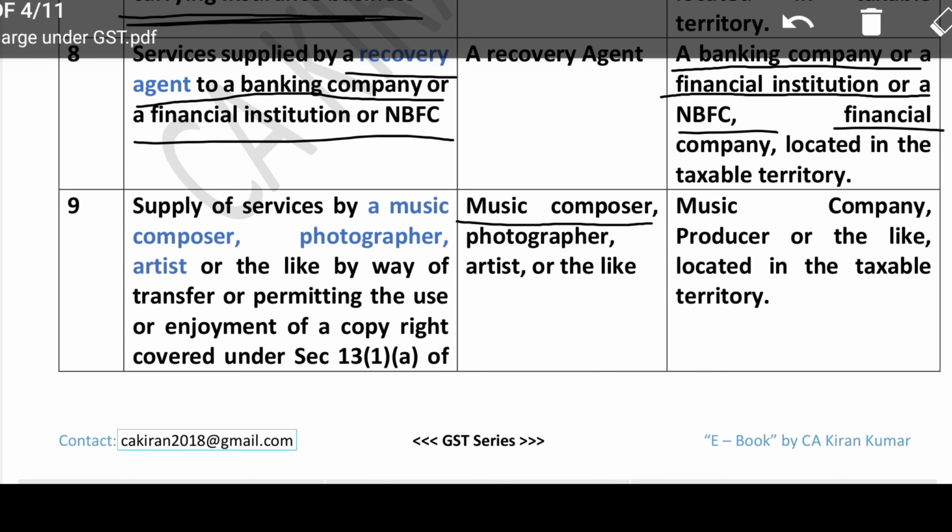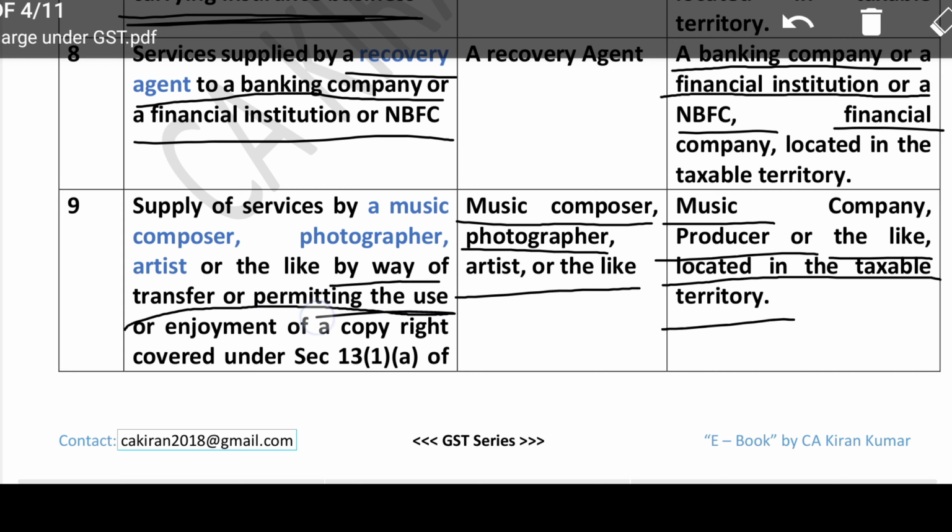And in case of a music composer, photographer, artist providing these services to a music company or producer or the like located in taxable territory by way of transfer of permitting the use or enjoyment of copyright covered under section 13(1)(a), then this music company is liable to pay GST under RCM because the music composer or music director is allowing the use or enjoyment of the copyright of the services.